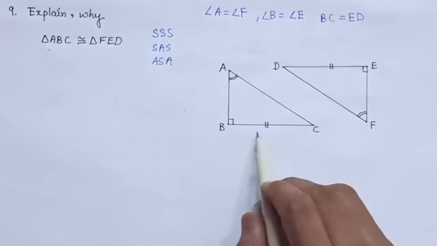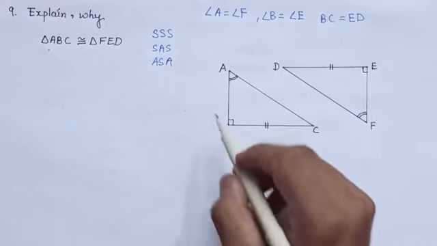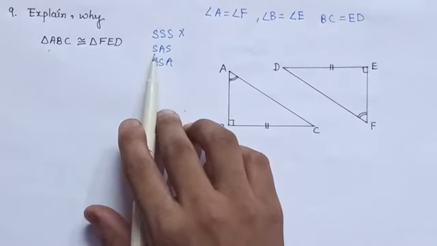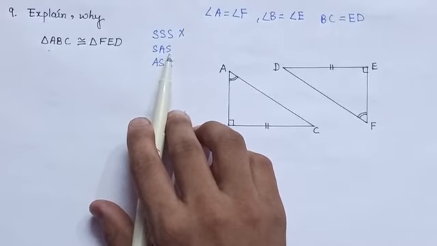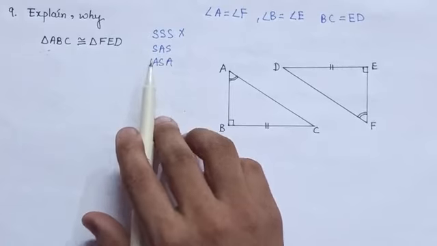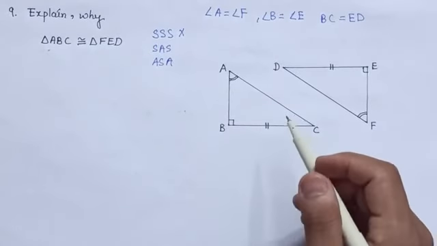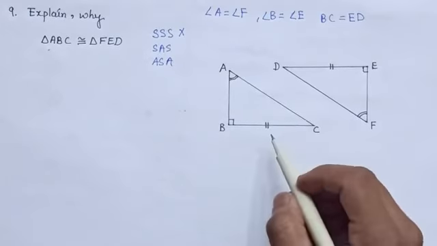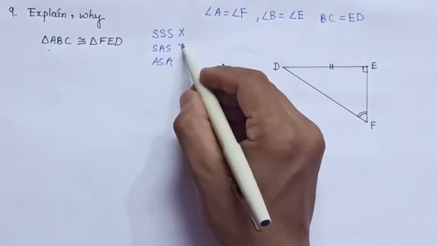But here we have information about only one side, so we cannot use this criteria. Again, in the SAS criteria, we have to show two corresponding sides of the triangles are equal. But here it is given only one side is equal. So again, we cannot use this criteria.